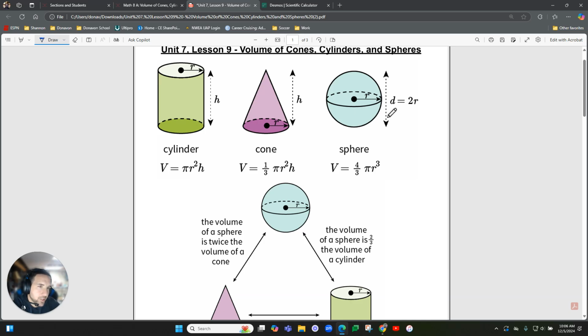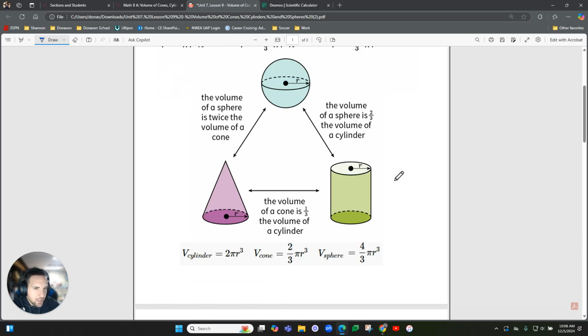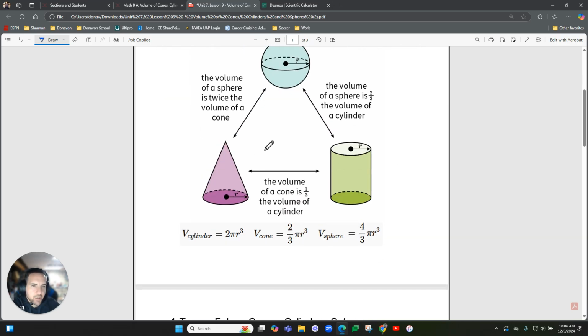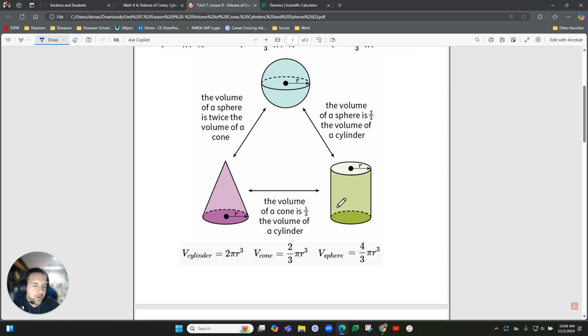But here, notice that they're using the diameter as the height. So if the diameter of the sphere is the same as the height of the cone or the height of the cylinder, then we have this situation down here.